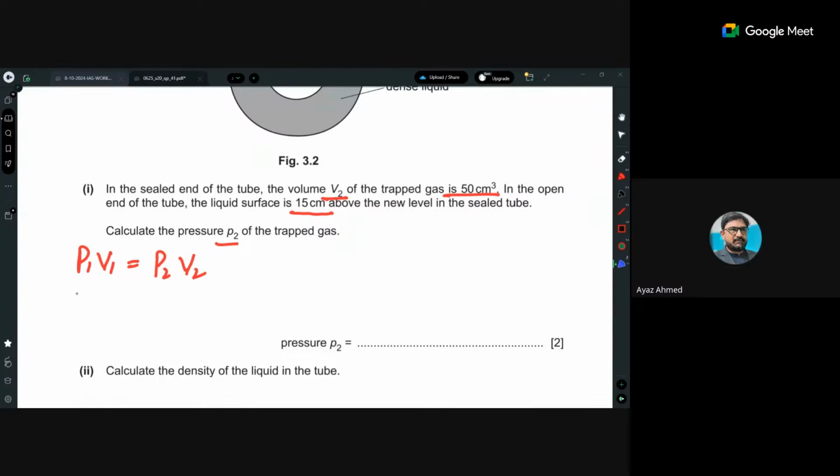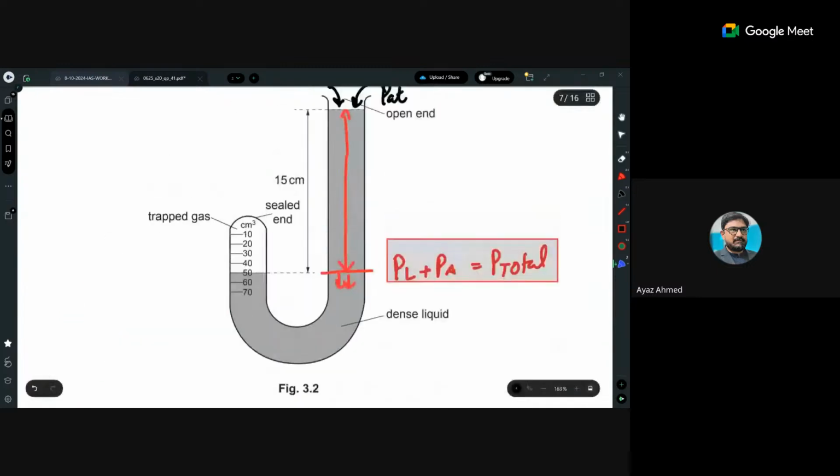So P1, pressure 1, was the atmospheric pressure only. You have to calculate P2, so you will make P2 the subject here. It will be P1 V1 divided by V2. P1 is atmospheric pressure, so it is 1.0 into 10 raised power 5.